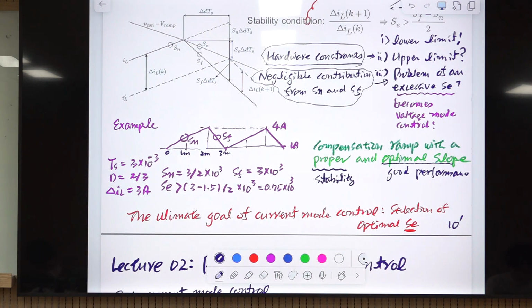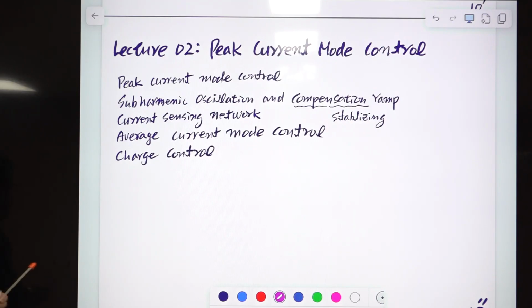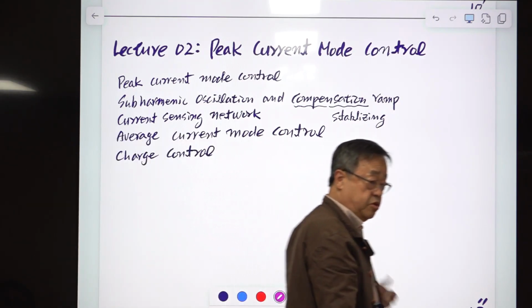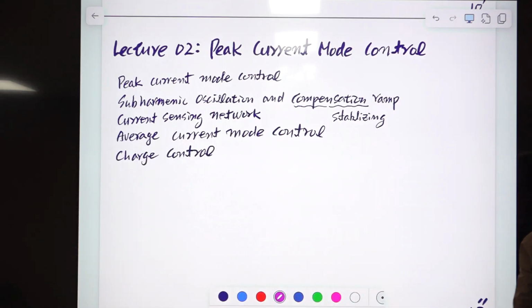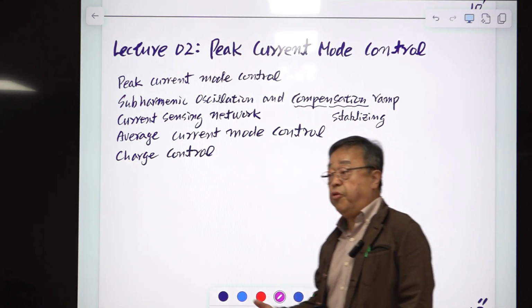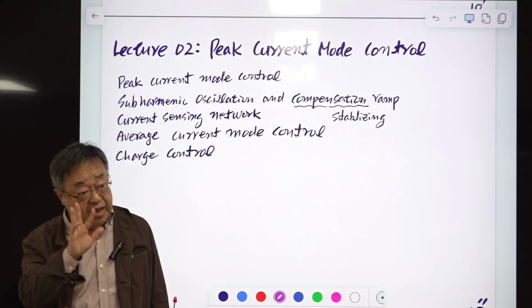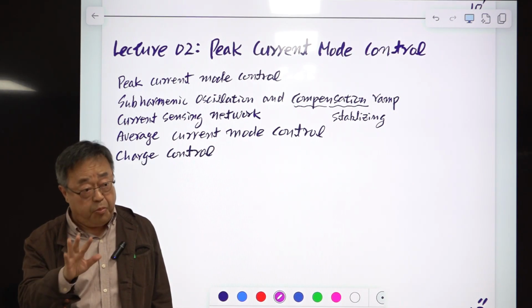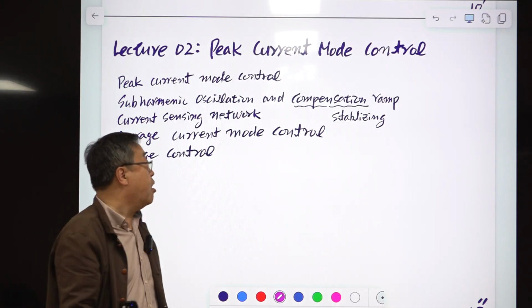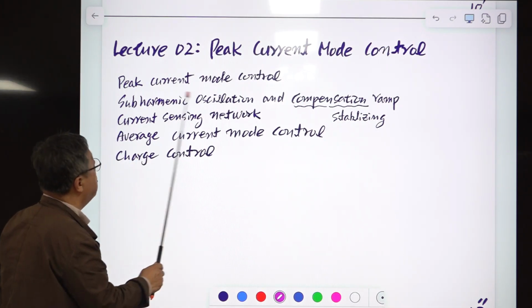All right. I come back with lecture number 2, and the title of lecture number 2 is peak current mode control. We went through the evolution of current mode control, and there are several different types of current mode control. The most popular one is peak current mode control.